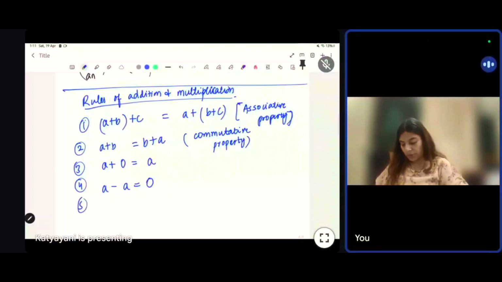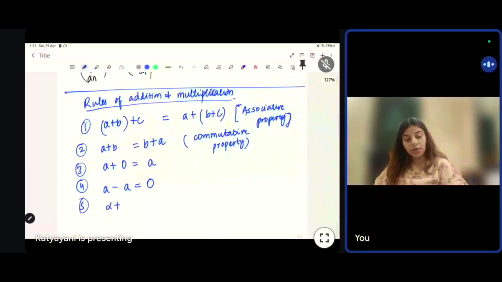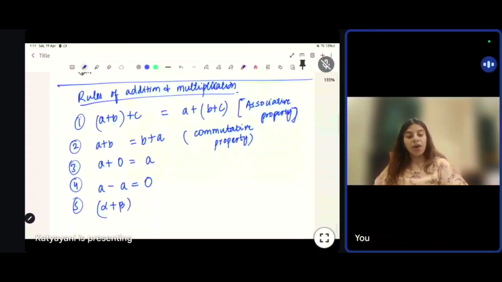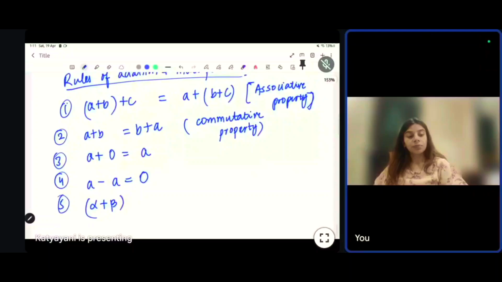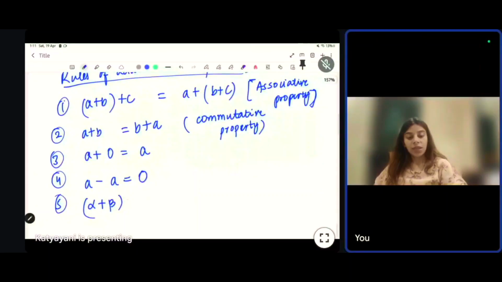Then the fifth property says that if I have two scalars alpha and beta, and I add them and then multiply with the vector a, or I multiply alpha with vector a and then multiply beta with vector a and then add them, I will get the same result.